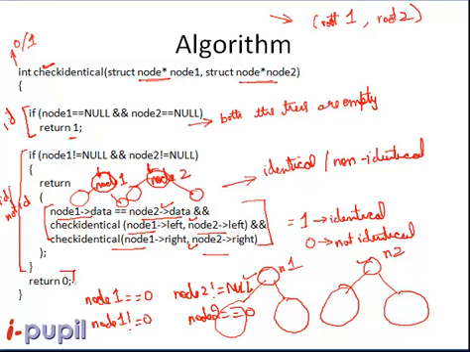In that case, I return a 0, signifying that the two trees are not identical. If neither of these cases is satisfied, I go on to this particular case, which has these two possible subcases.